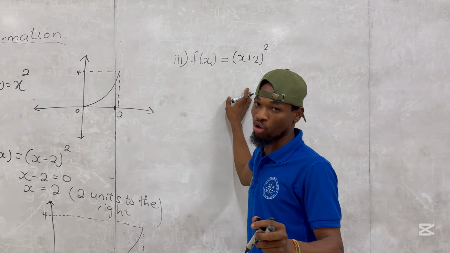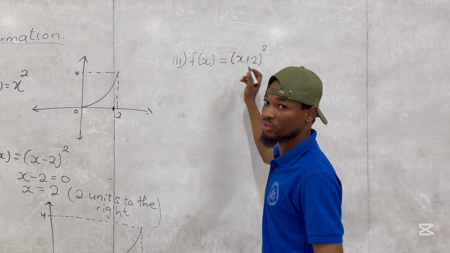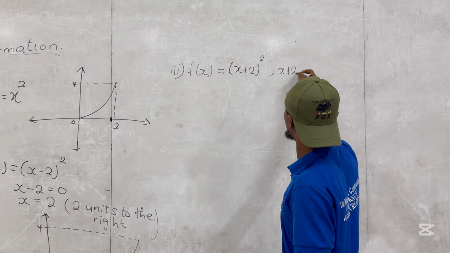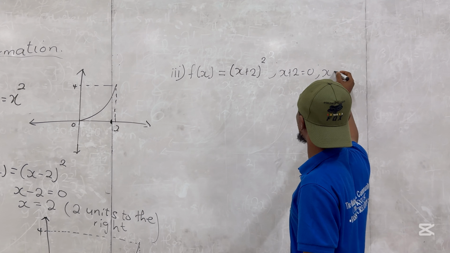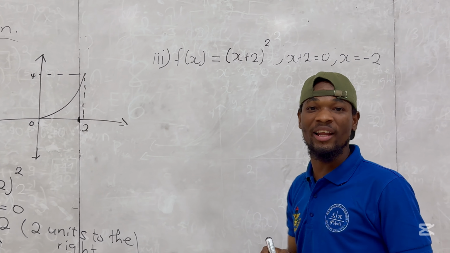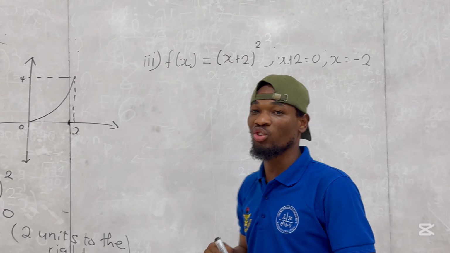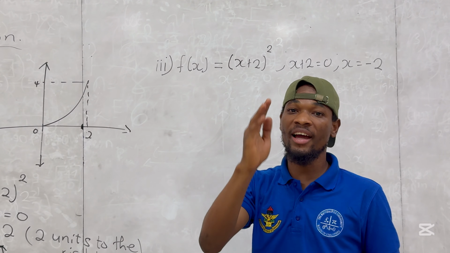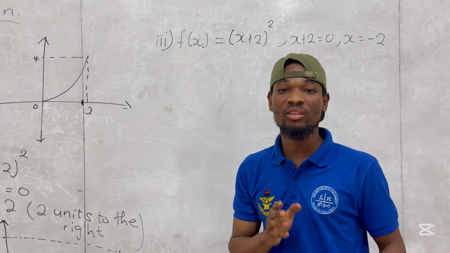Just follow the norm: the expression, set it to 0. So I have x plus 2 is equal to 0. Therefore, x becomes negative 2. So negative simply suggests that you move to the left, so far as the xy plane is concerned.